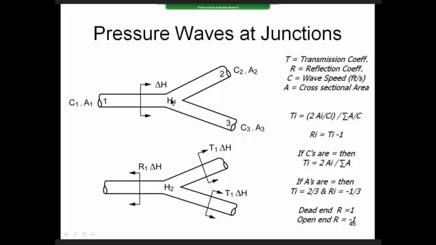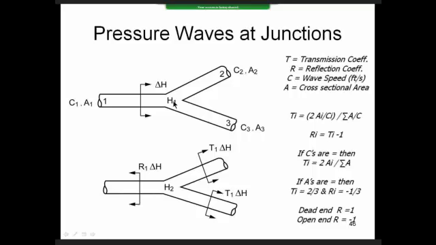And it's twice the area over the wave speed of the incoming pipe divided by the sum of all the areas. So if I had, say, a 6-inch line going into two 6-inch lines, this number would be 2/3. So if I had a pressure wave of 100 psi, I'd get a wave of 66 2/3 going down each leg and a reflection of -33. So that's a simple thing.